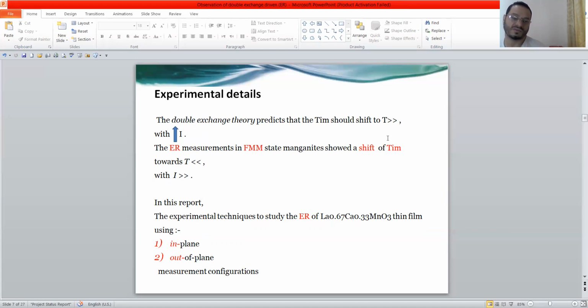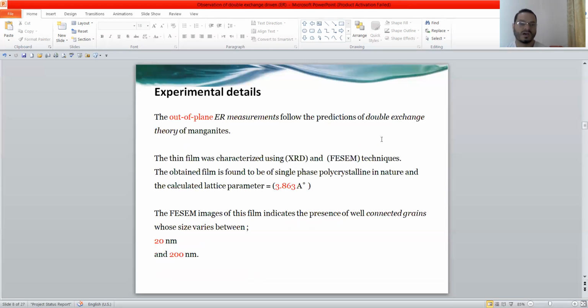constructed thin film uses in-plane and out-of-plane measurement configurations to determine the electrical resistance, like I said before. Now, the out-of-plane electron resistance measurements follow the predictions of the double exchange theory of manganites, like I said before, and in the in-plane electric resistance measurement, the Joule heating.